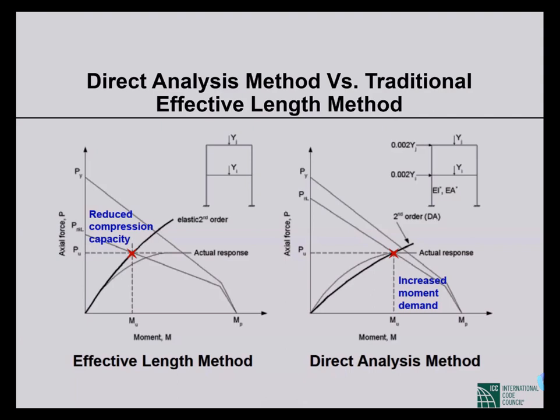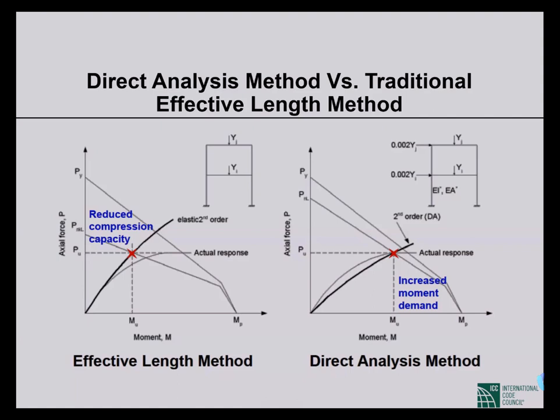But in direct analysis method, the method is developed in such a way that at the ultimate level, when it reaches the capacity, the actual capacity and the direct analysis method predicted capacity are very similar. So it was developed in that way.